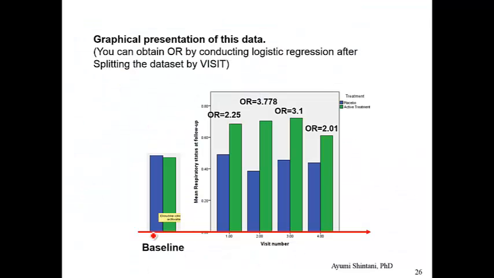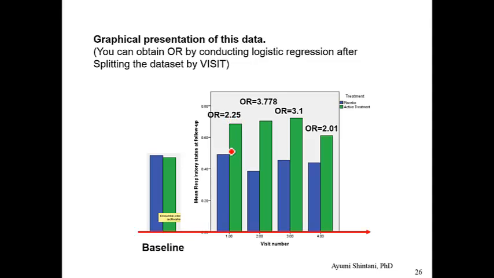So at the baseline, you have a similar percent of patients who have good respiratory status between two groups. Placebo is blue and green is active treatment. Okay. And so we can guess randomization worked. And at the first visit, you have a higher percent of patients with good respiratory status with active treatment, and fewer people with a good status with placebo, and that gives an odds ratio of 2.25.